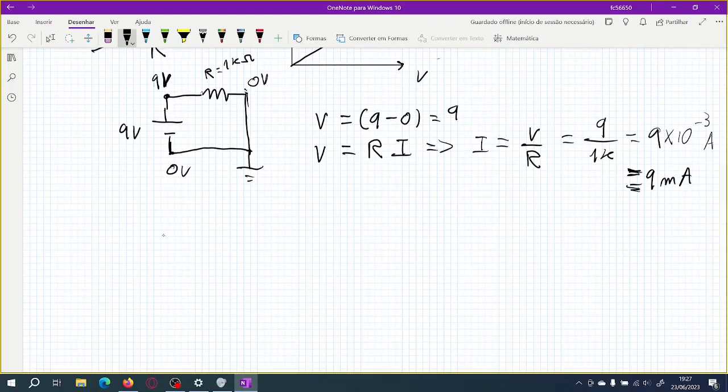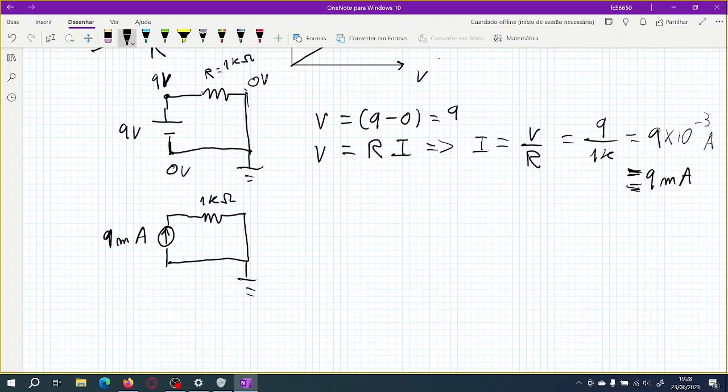Just to complement what we have studied in the previous lesson, if we put a 9 milliamp current source in series with a 1K resistor, it doesn't matter the voltage across the resistor, because we know that the current in this loop will always be 9 milliamps, right?